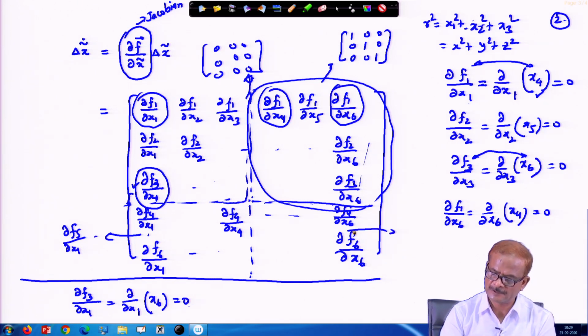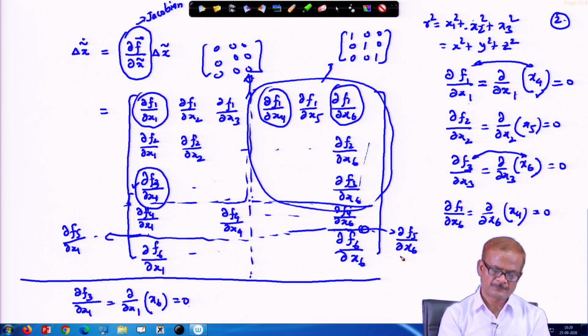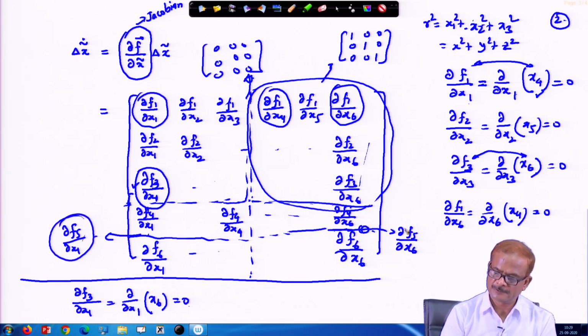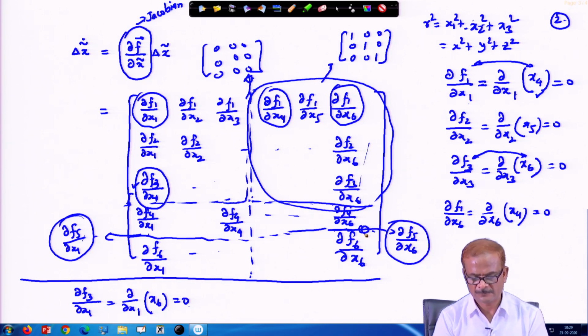The fifth row I have not shown here; this is the first element of the fifth row and this is the last element of the fifth row, dou f 5 by dou x 6.